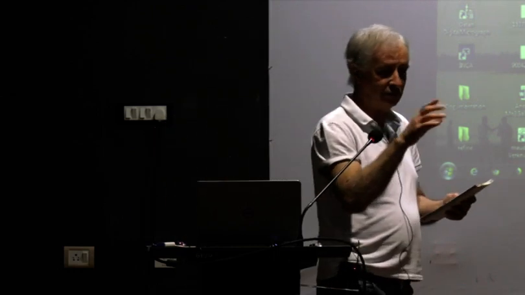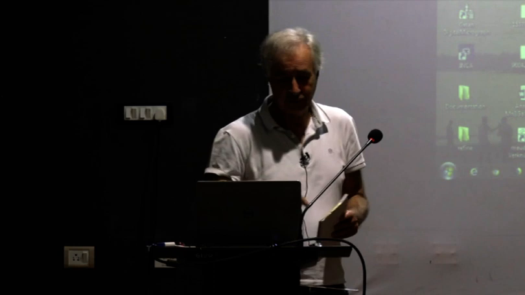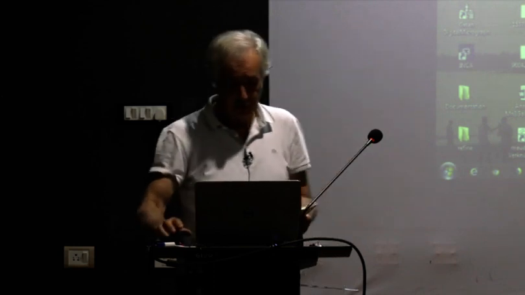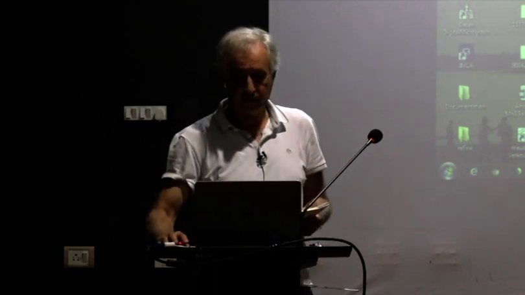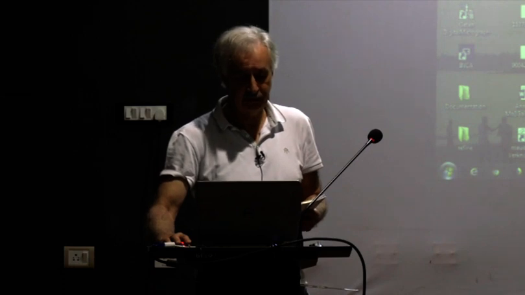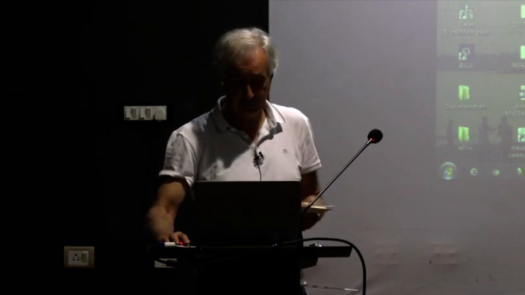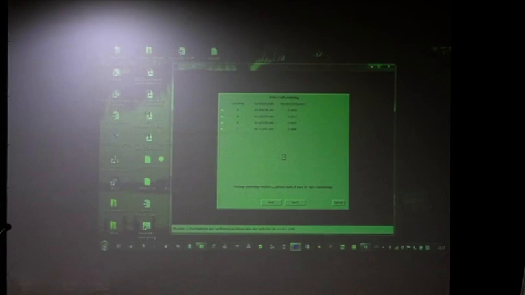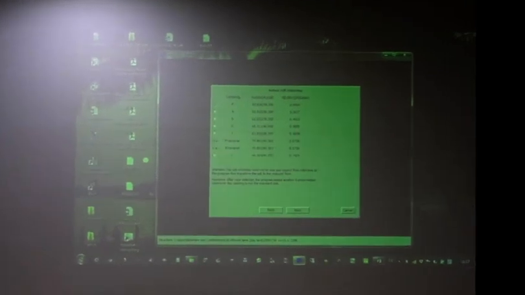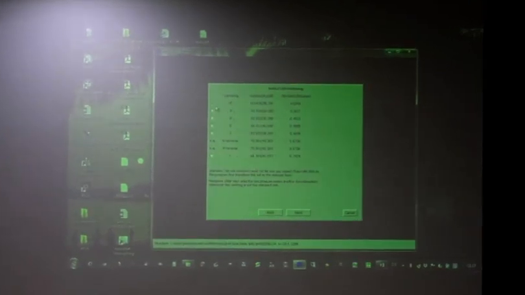And then since it's modulated, it's got some extensions which it will find itself. So we have the 2/M symmetry. We're going to test that, choose that. So we say next. And the centering is P. Say next.